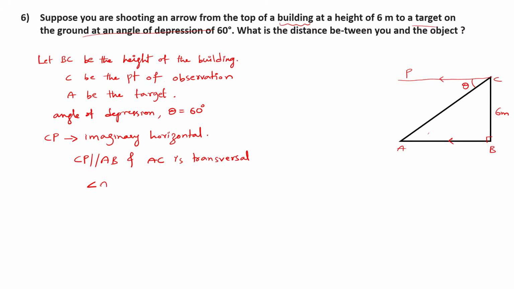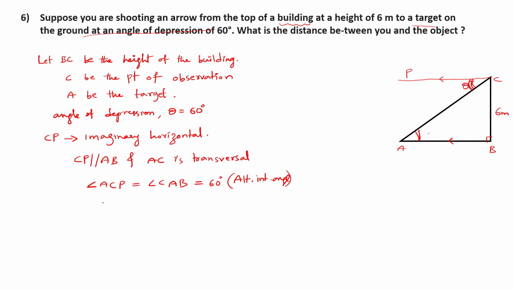Angle ACP is equal to angle CAB. Both are equal to 60 degrees because they are alternate interior angles.